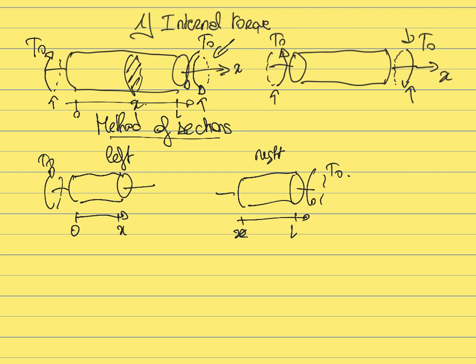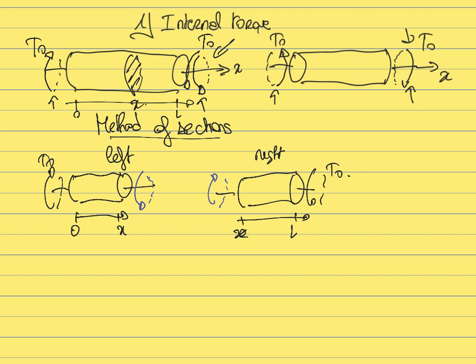For this, the sign convention that we will be using is that if the torque is applied on the right surface, then we define it as being positive if it's like this. And if it's applied on the left surface, then we define it as being positive if it's like this. The way to remember this is that we still use the right hand rule.